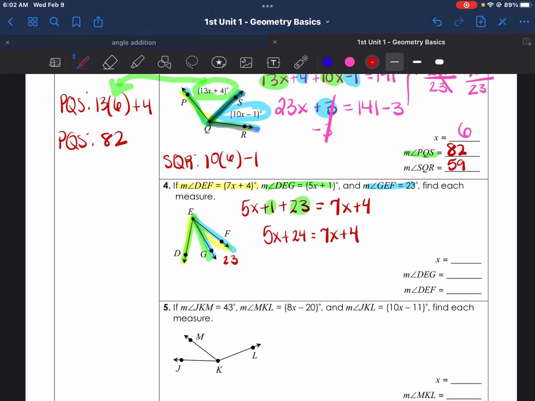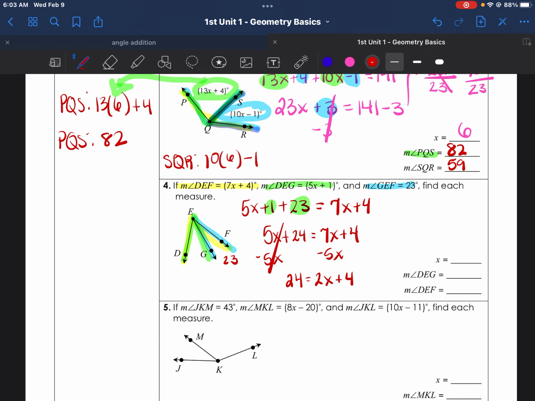We know 7 is bigger than 5, so I'm going to subtract 5x from both sides. Ultimately, I want the 24 and the 4 on the left side while my x's are on the right. So you should have 24 is equal to 2x plus 4.